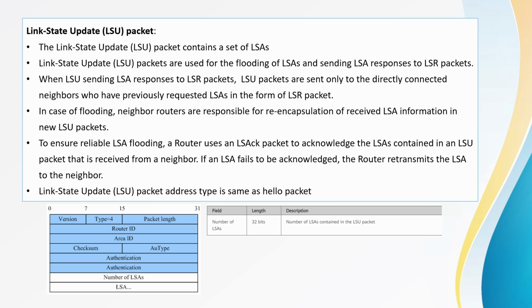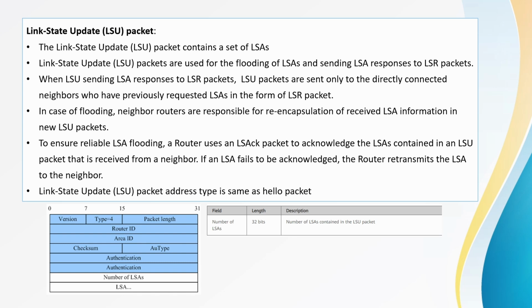In the case of flooding, neighbor routers are responsible for re-encapsulating the received LSA information in a new LSA. What this means is when a router receives the link state update packet, it will generate a new link state update and flood it out.